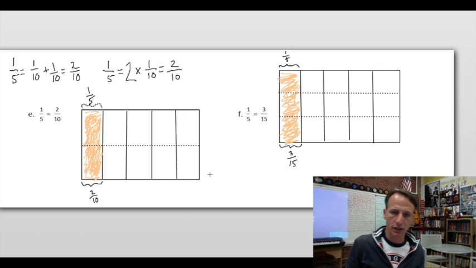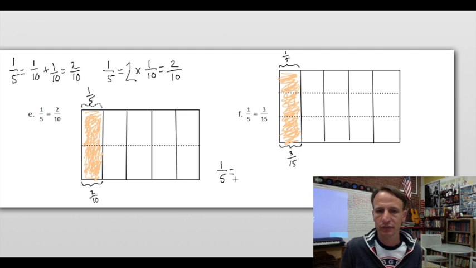All right, and now over here, I'm going to write my addition, the sum of unit fractions, to say that 1/5, which we started with in our model, is the same as, well, this is a 15th, right? And another one, and another one. So it's 1/15 and 1/15 and 1/15.